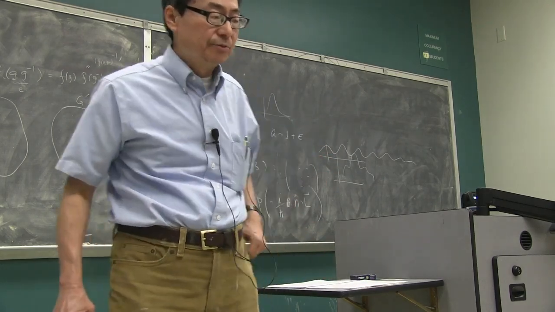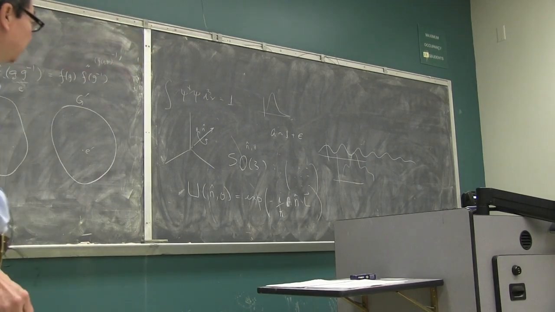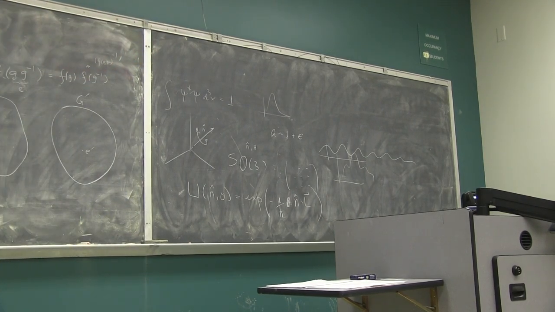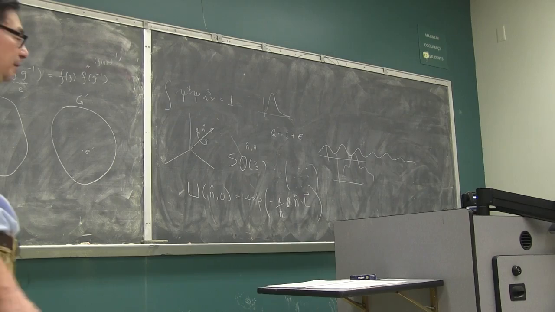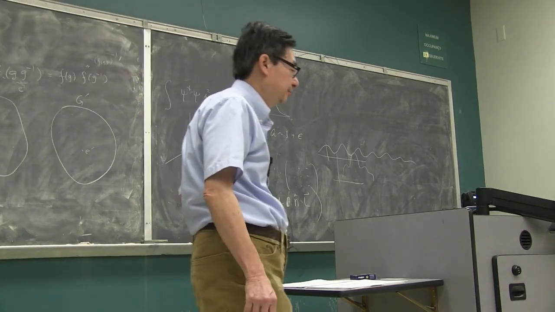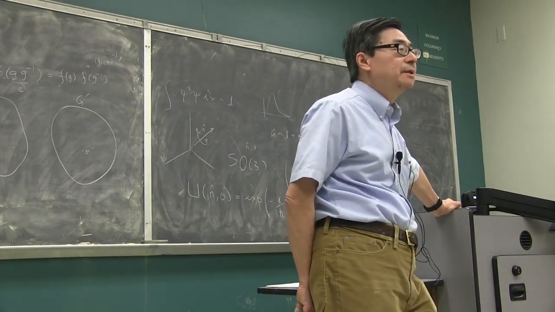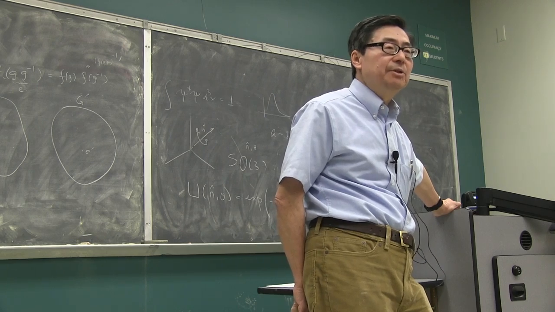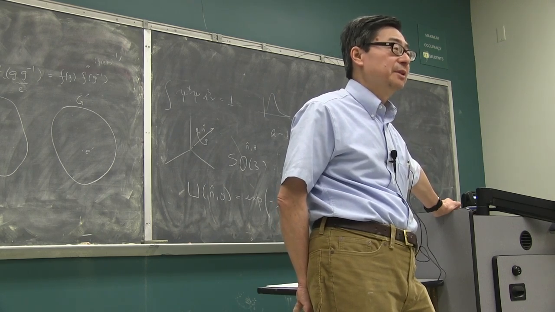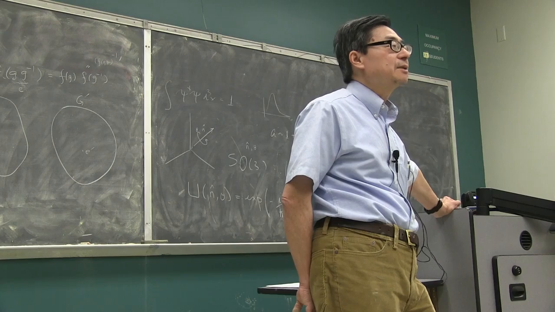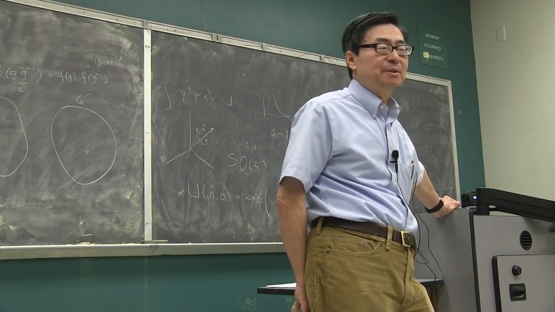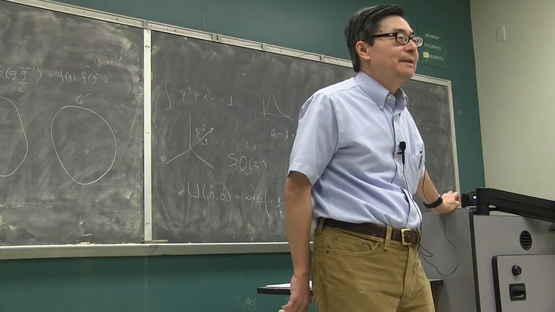An example that those of you who have learned some quantum mechanics will come to appreciate as a representation of a rotation group. Now, I can tell you without going into details, although we may have time to prove it later, that for the rotation group SO(3), there are infinitely many irreducible representations, infinitely many. And each one depends on what's called the total angular momentum quantum number of the system.